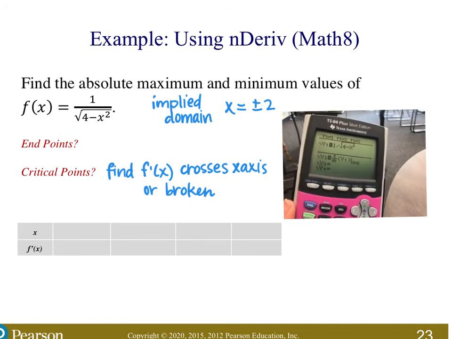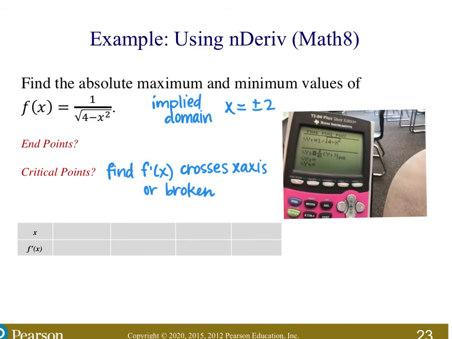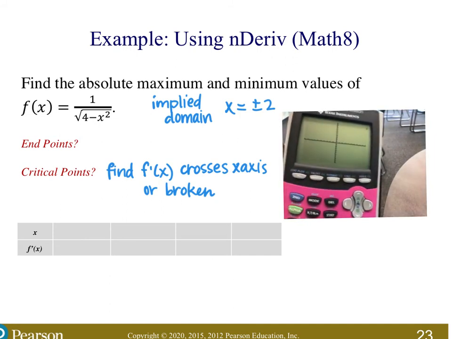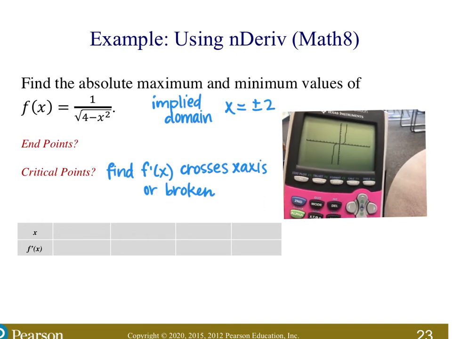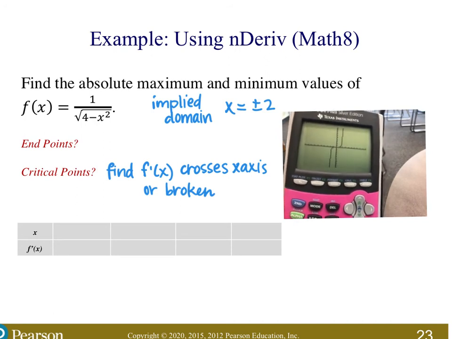All right, so I've got my new equation put into y1. I am going to unhighlight the equal sign. My window is normal, so I'm ready to press graph. And I'm looking to see where this thing might cross the x-axis or it might be broken. All right, so I see something interesting going on, looking like it might cross the x-axis at the origin.